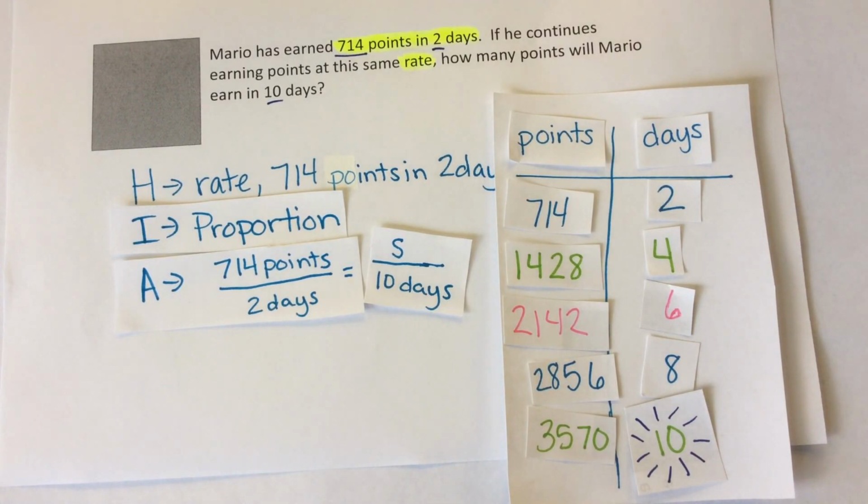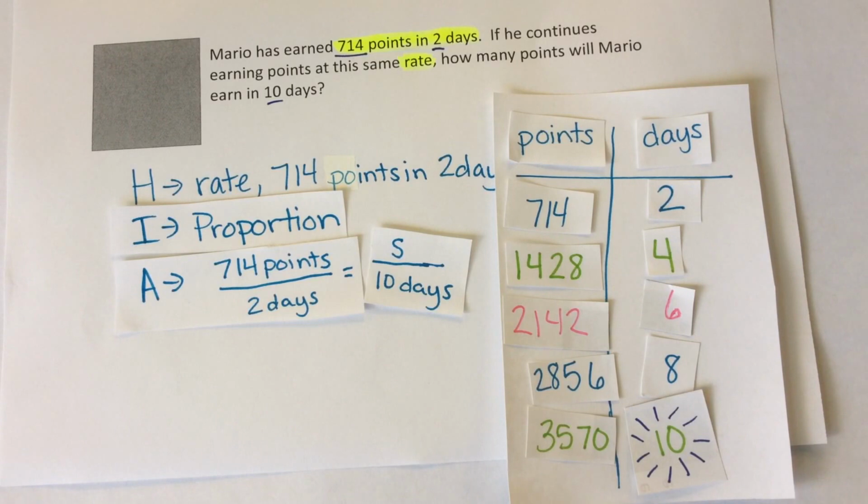So this means that in 2 days, Mario will earn 714 points. In 4 days, Mario will earn 1,428 points. In 6 days, Mario will earn 2,142 points. In 8 days, Mario will earn 2,856 points.